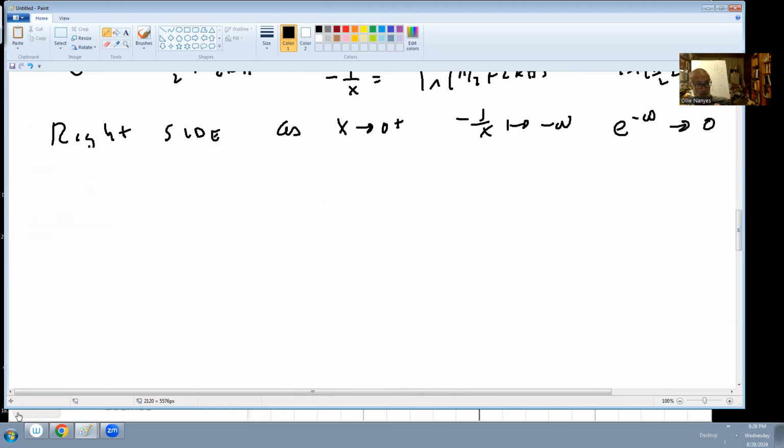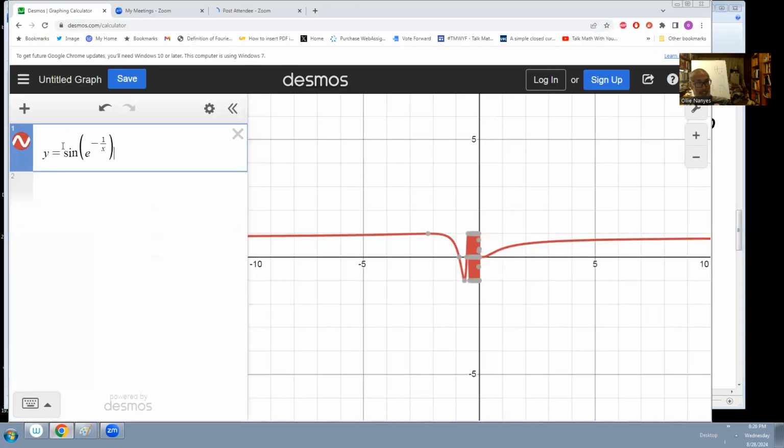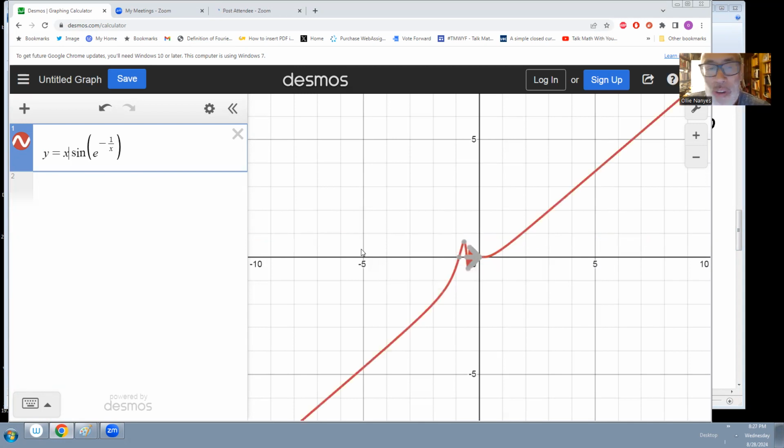Now, let's do one more and we'll close this up. You probably know where this is going. Let's say we want to make this continuous at the origin. Well, we know what to do. Just add the good old factor of x.